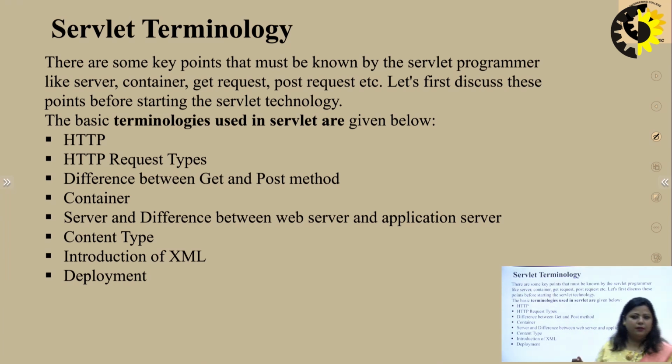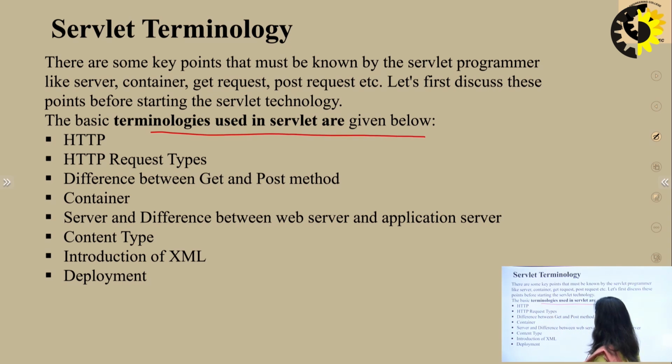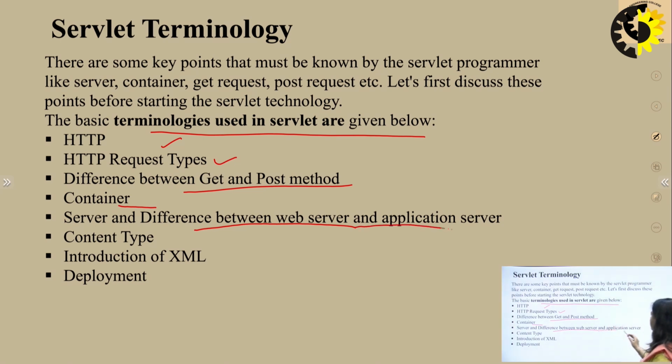First of all, the basic terminology used in servlet: HTTP request types, difference between get and post methods, container, server, difference between web server and application server, content type, introduction to XML, and deployment. These are some basic terminology of servlet.